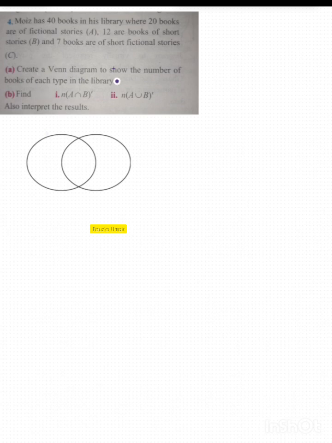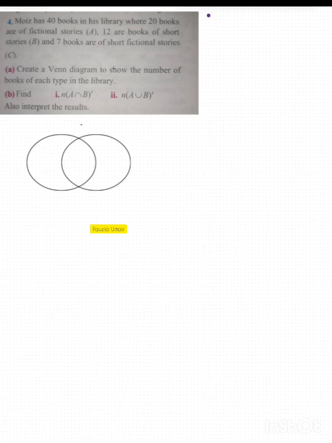So first part is that you need to draw a Venn diagram, and second part is that you need to find out number of elements in A intersection B complement and number of elements in A union B complement. Also interpret the results.